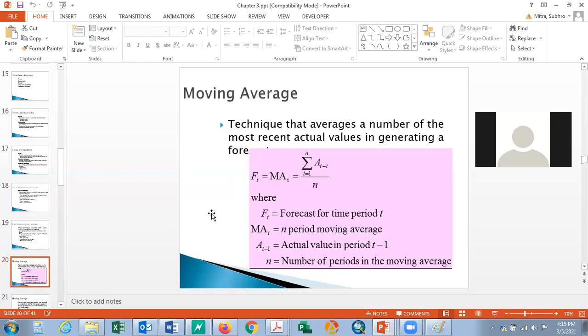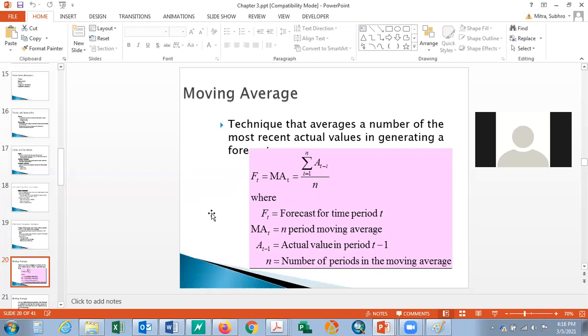The next technique is called the moving average. If you sum up 3 days' actuals, that becomes the forecast for the next period. So the forecast for Saturday would be the average of the actuals for Wednesday, Thursday, and Friday.